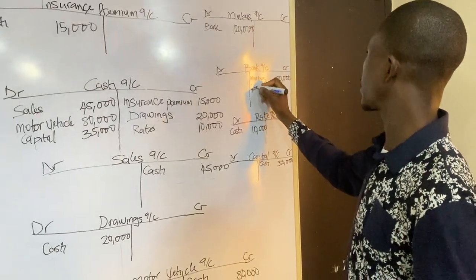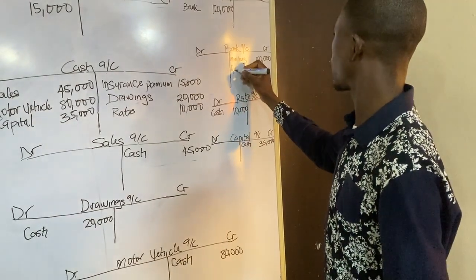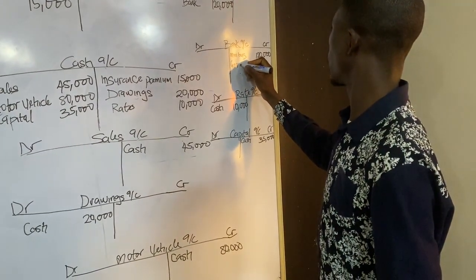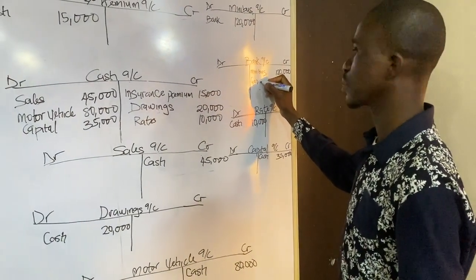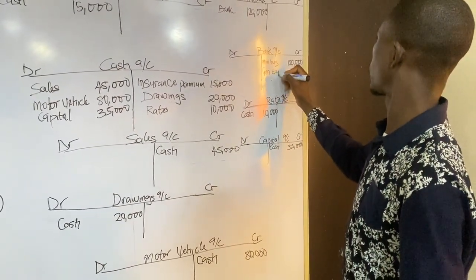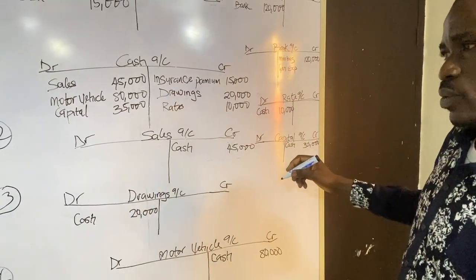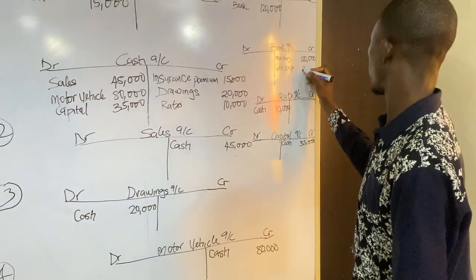Your general expenses, your bank has reduced rather. General expenses, how much? 28,000 naira.